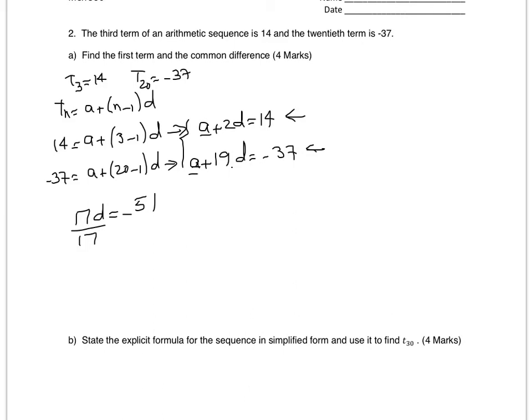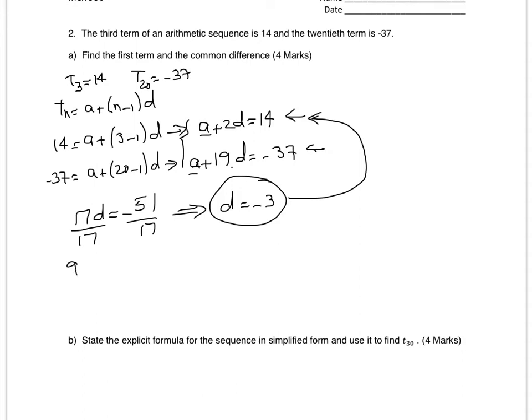I divide by 17, and here I get d is negative 3. Now I'm going to put it back in this equation, a plus 2d. So a plus 2 times negative 3 is equal to 14. So we say that a minus 6 is 14. So from here a is 20.